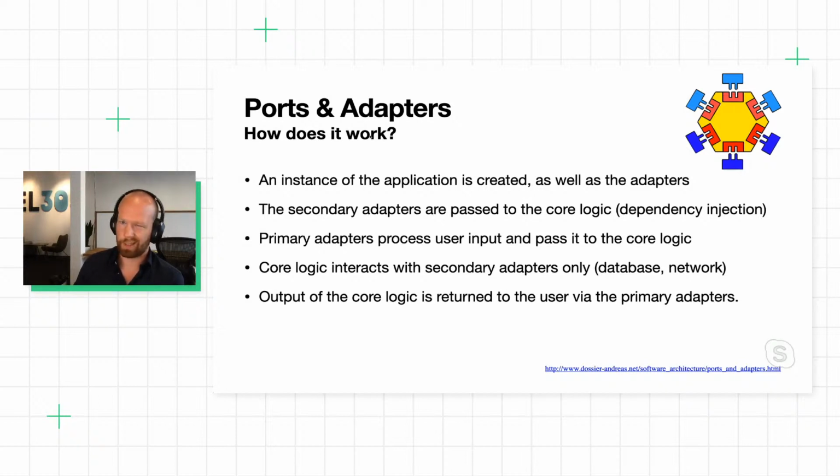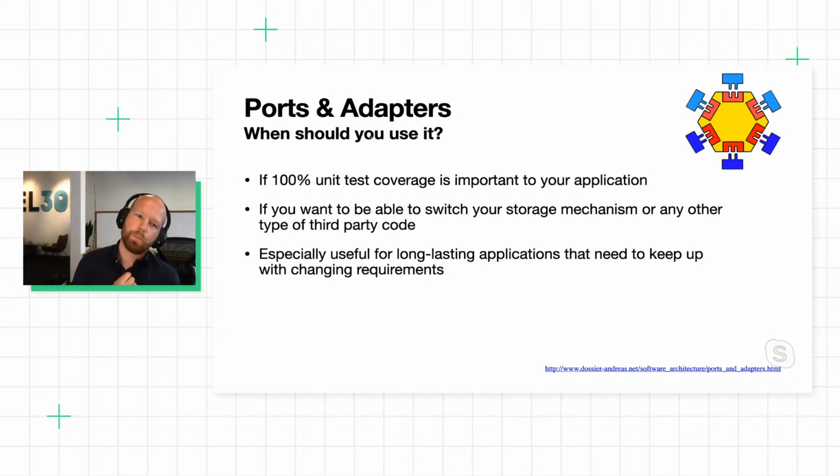Now this all seems a bit complex or unnecessary. So when should you actually use it? It's really useful if your application really is critical to be tested. So if you actually want 100% unit test coverage, then this kind of architecture style really helps.